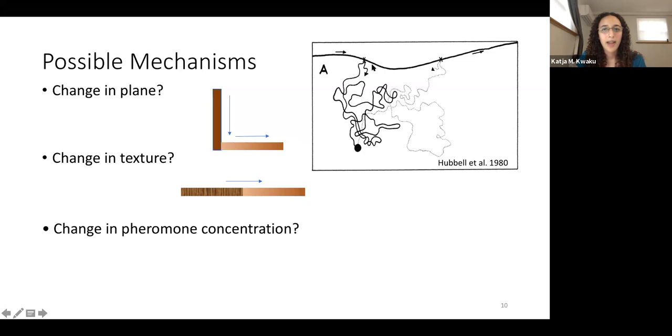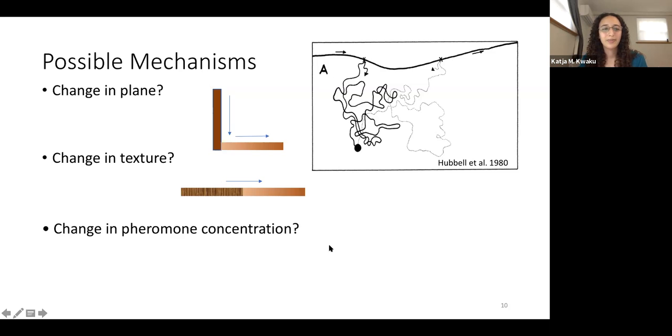And the authors actually found that just putting trail pheromone in front of the ant can induce them to transfer directly or drop their leaves. So we know that an increase in pheromone concentration can cause ants to transfer their leaves, but we don't know if any change in pheromone concentration, like this decrease going from the trunk to the ground, could cause it, but it is a possibility.